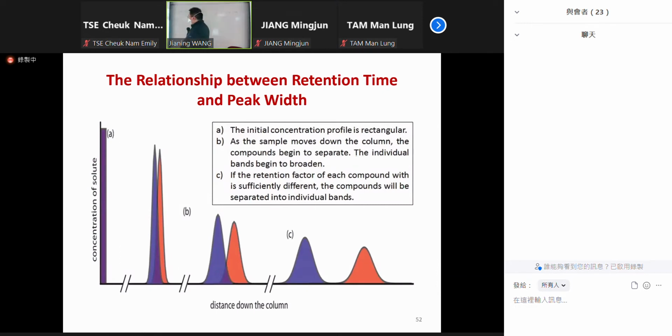But because of some dilution behavior, I should say some thermodynamic driving force behavior, that will cause band broadening, and band broadening is also contributed by the geometry of the column. The band broadening always happens and is time dependent, but the area is always constant.